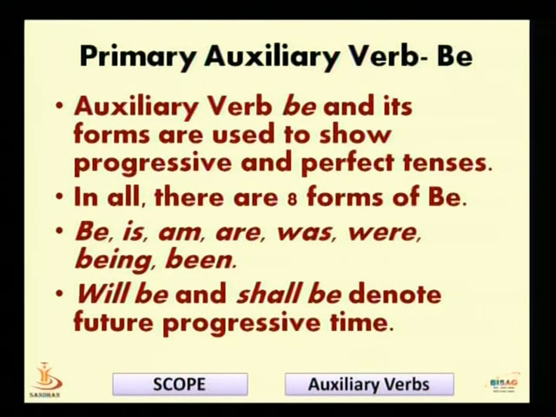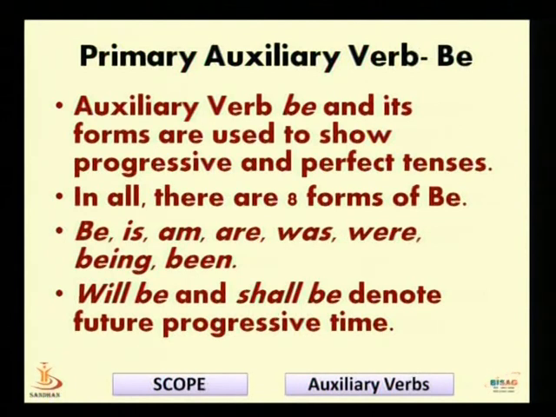Basically, the 8 forms which I have shown in the slide are used in different ways, and they are used with different subjects. For example, is is used in the third person singular pronouns only.